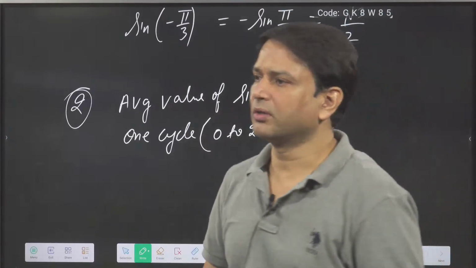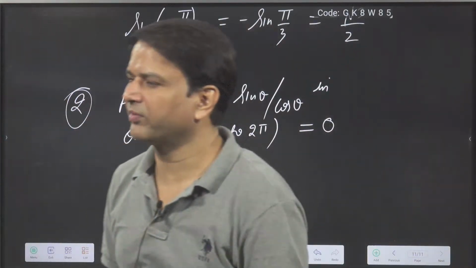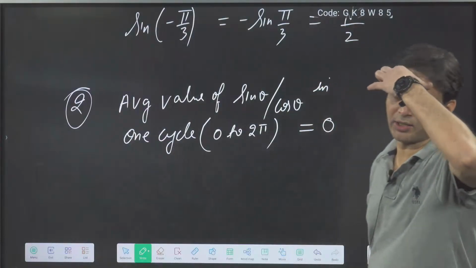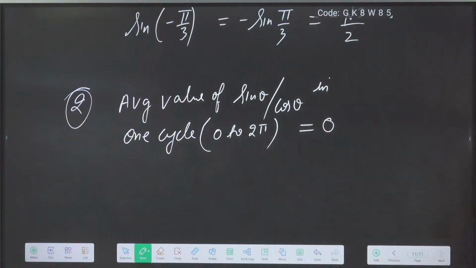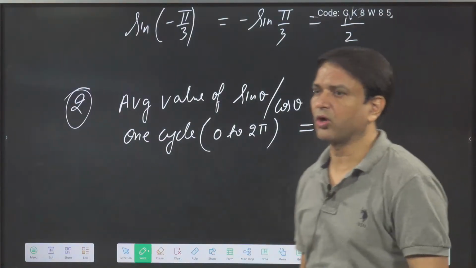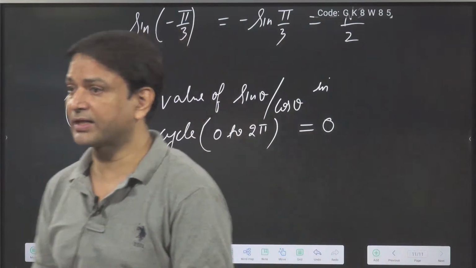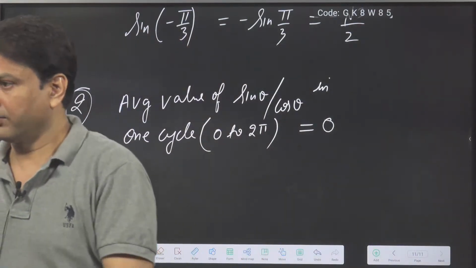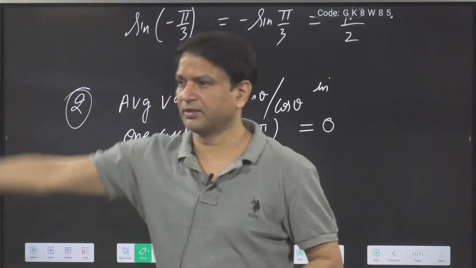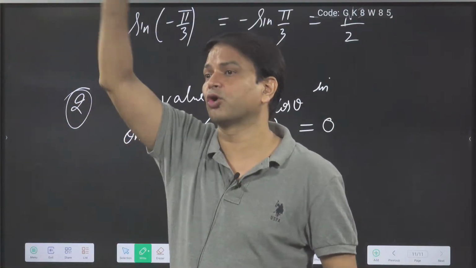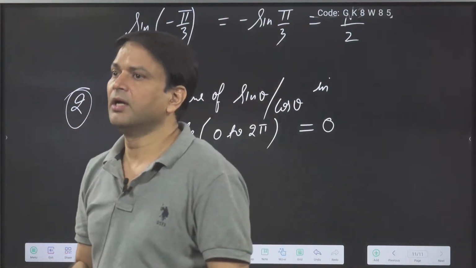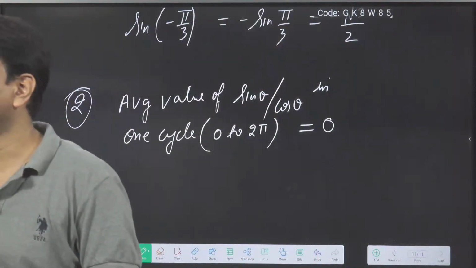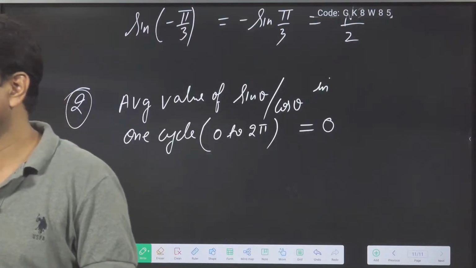So this point you have to remember, like in alternating current we require the average value. So average value of sin theta or cos theta in one cycle is equal to 0. One cycle means the whole complete angle, 0 to 2 pi. So in one cycle, what is the average value of sin theta and cos theta? 0. This you have to remember.